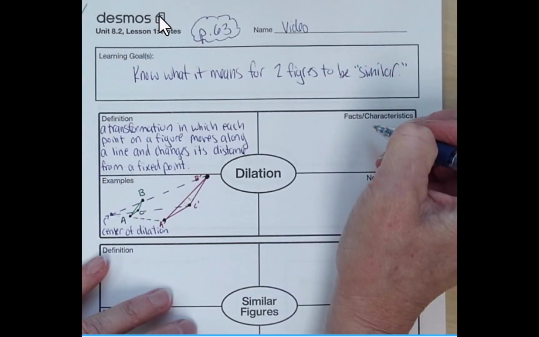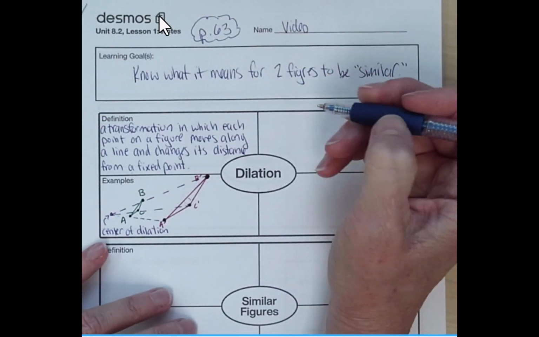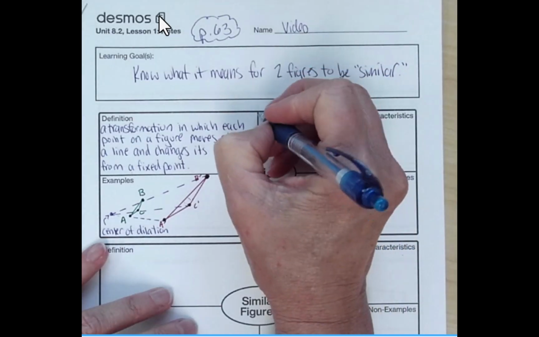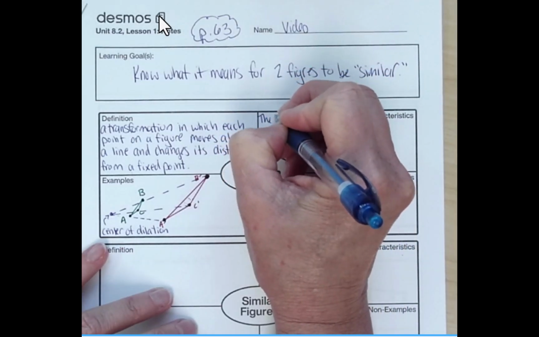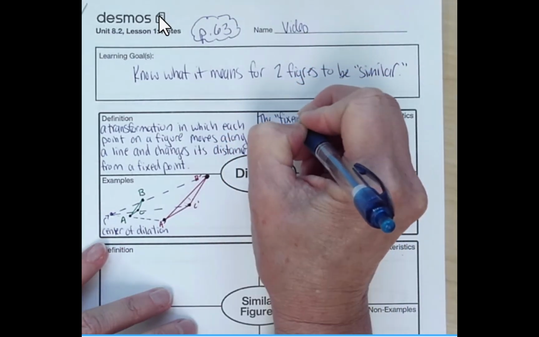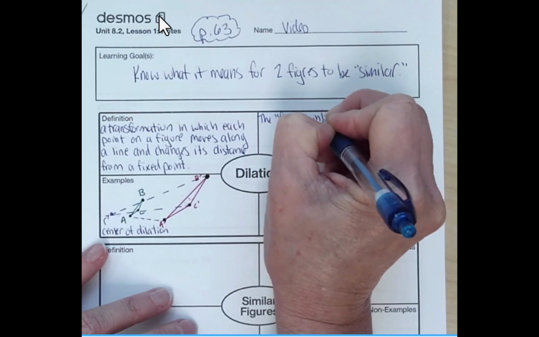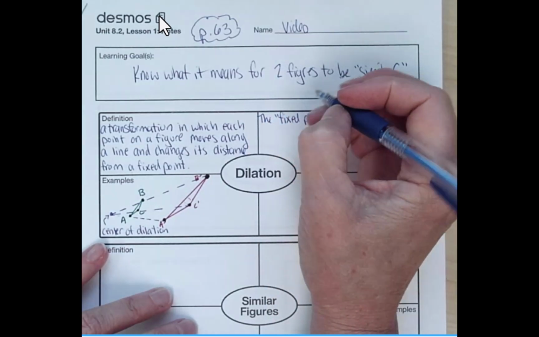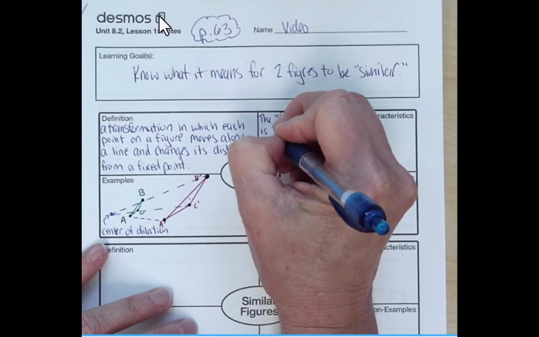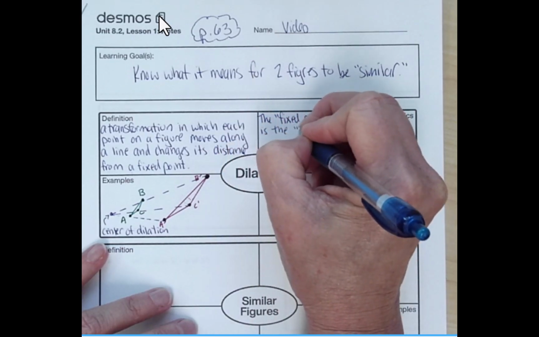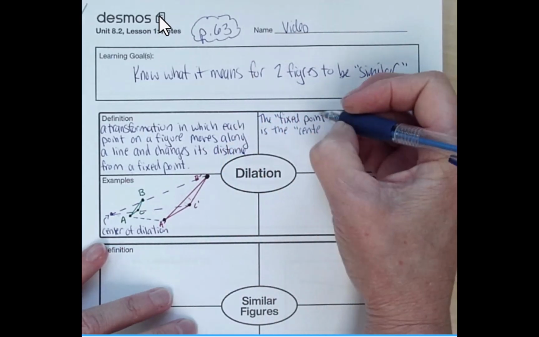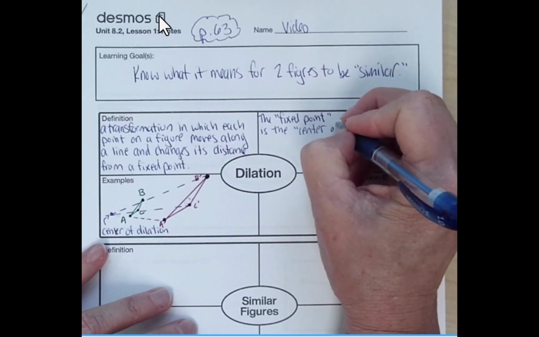So some facts and characteristics I mentioned a little bit. That fixed point is called the center of dilation. We'll be talking a lot about that center of dilation when we talk about descriptions of dilations.